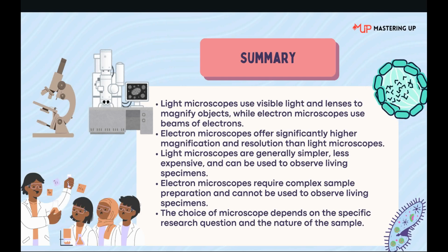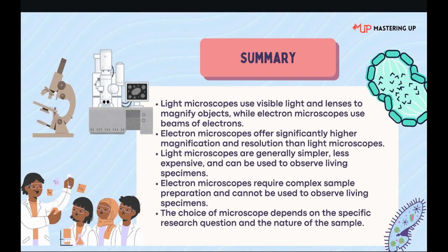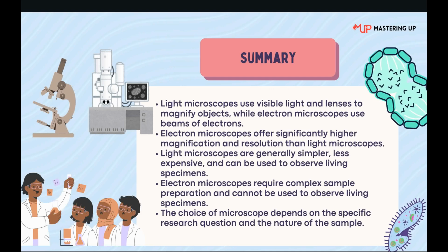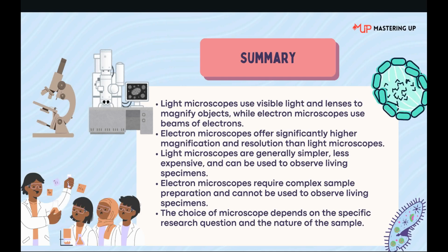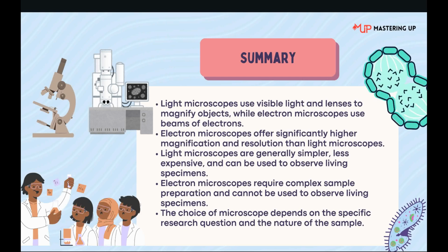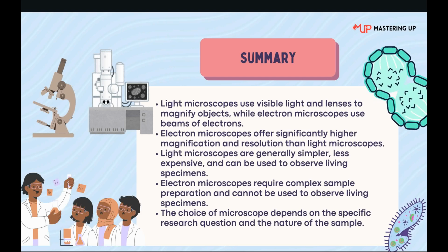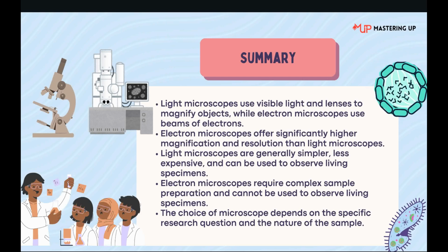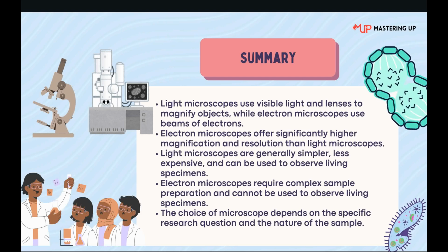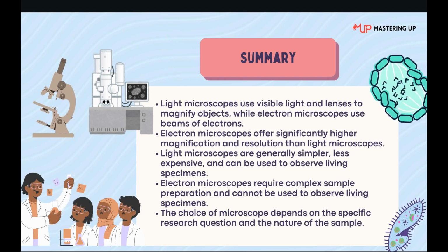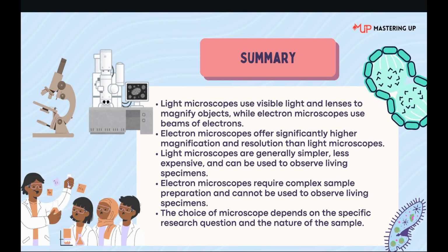Light microscopes are generally simpler, less expensive, and can be used to observe living specimens, while electron microscopes require complex sample preparation and cannot be used to observe living specimens. However, the choice of microscope depends on the specific research question and the nature of the sample.